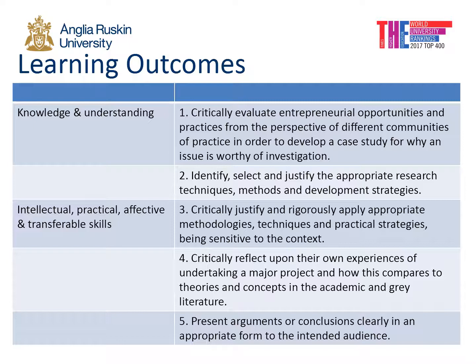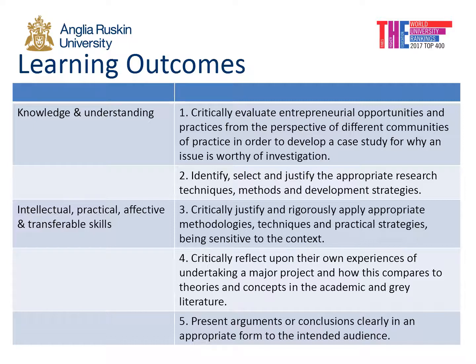Now, the module and the tutorials are going to help you address each of these learning outcomes. So, for example, with regard to learning outcome 2, in this first tutorial, we're going to start talking about research approaches.